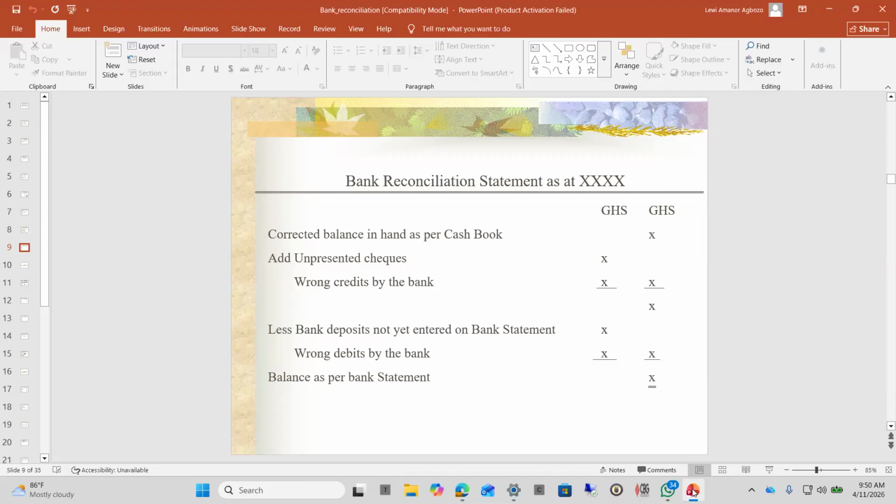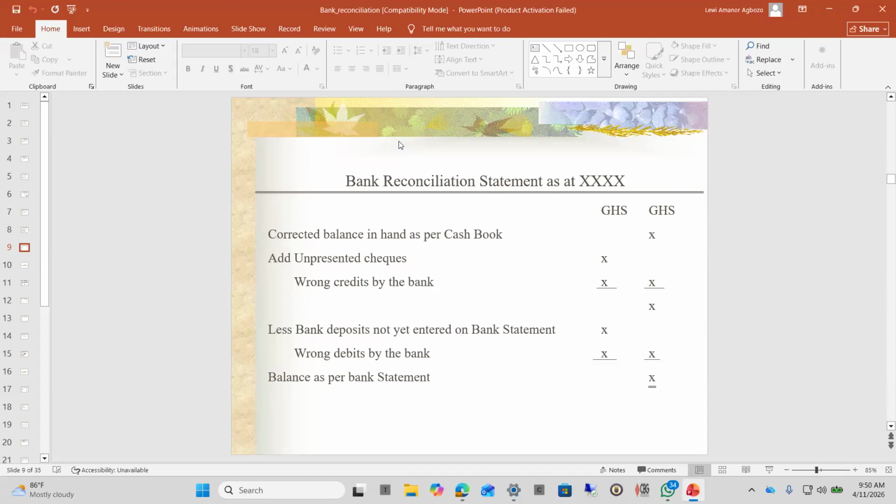In accounting, any statement is prepared for a specific period, usually the end of the month or the end of the year. So you say bank reconciliation statement. Don't forget to bring the name of the company, then bank reconciliation statement as at maybe 31st March 2026.